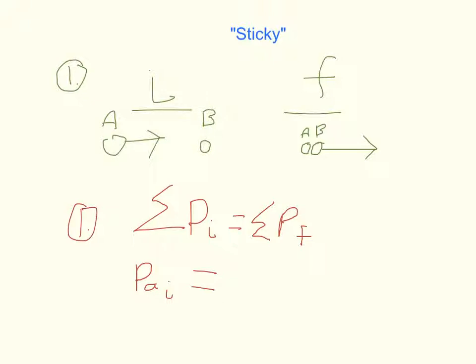Because they're stuck together, they're going to be treated as one object with a single momentum. And if we wanted to find the momentum for this super object, we would take the combined masses of A and B and multiply it by whatever velocity they were moving at together.